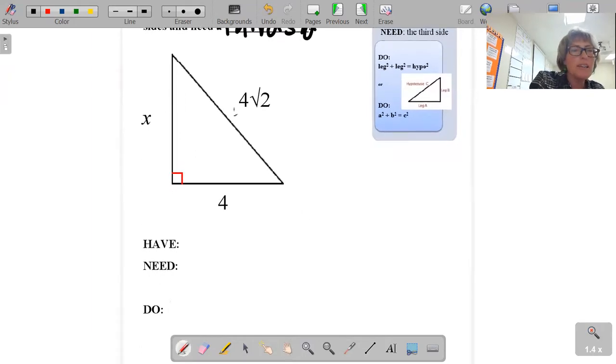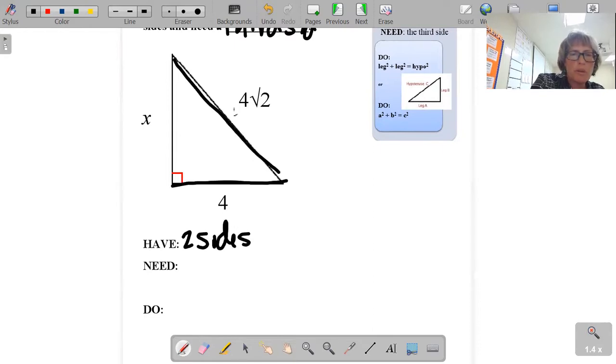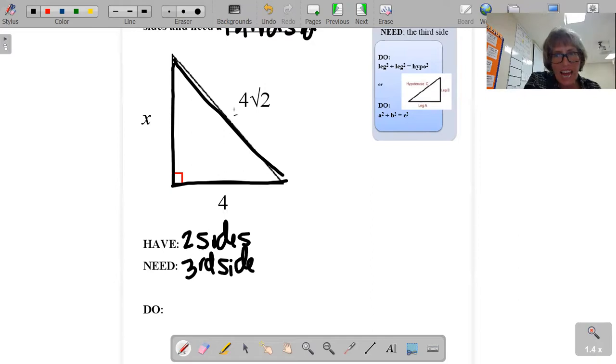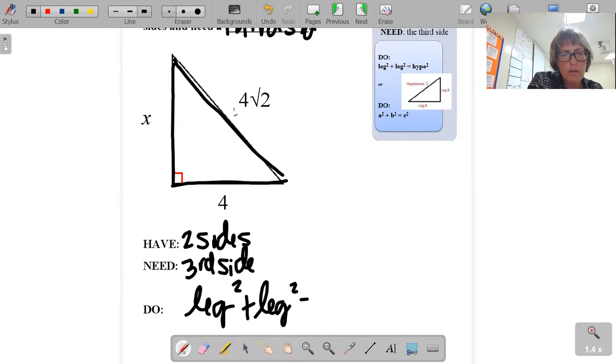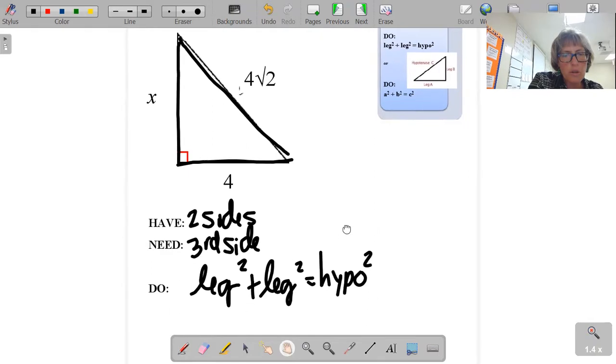We have two sides, 1, 2, and we need a third side. So we're going to Pythag, our superpower. Leg squared plus leg squared equals hypo squared. We're going to circle plug chug here.